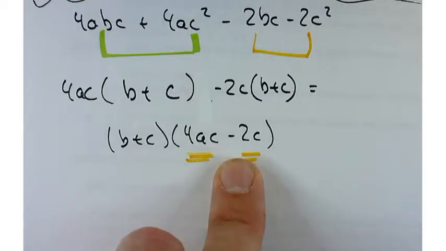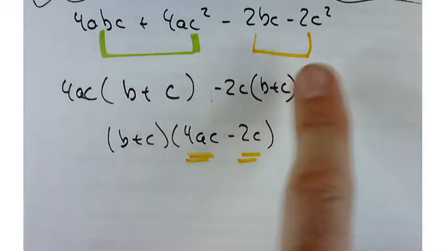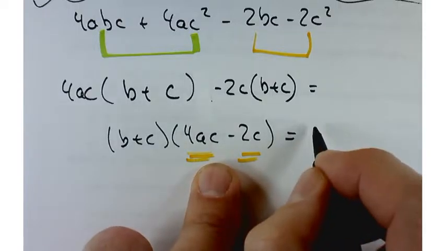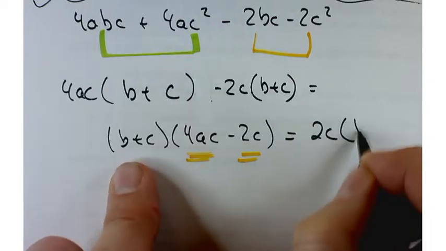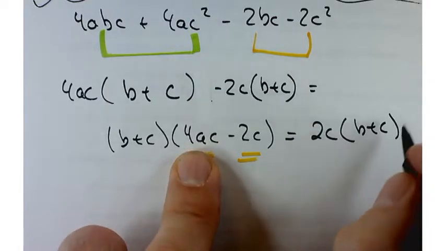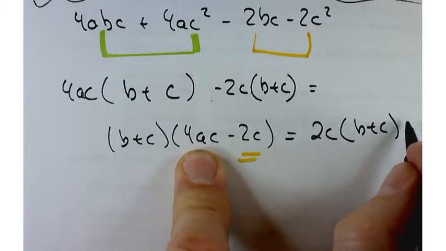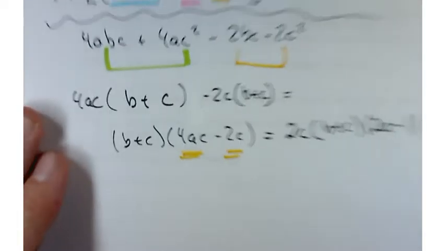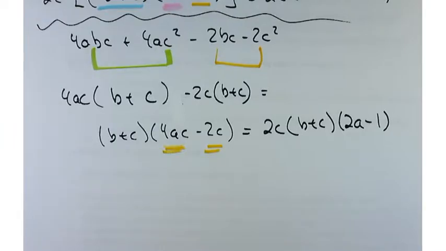But there is a GCF here, it's 2c, and if you look back up here, oh yeah, I could have started out by factoring out a 2c. That's okay. You can still recover. I'll factor out the 2c there. b plus c stays the same. This is going to become 2a minus 1. So you end up in the same place either way.